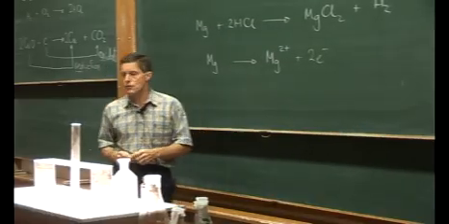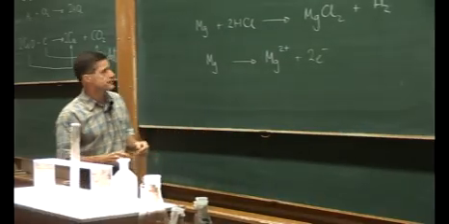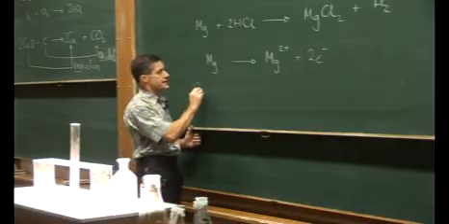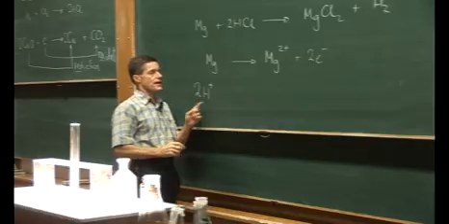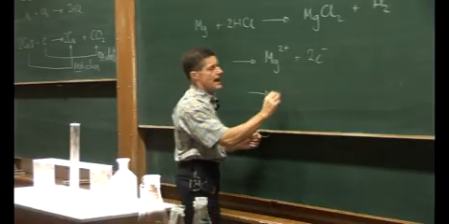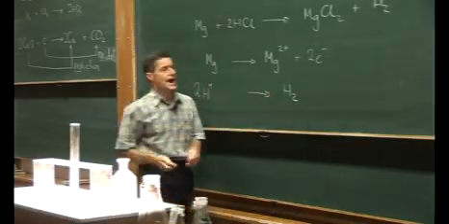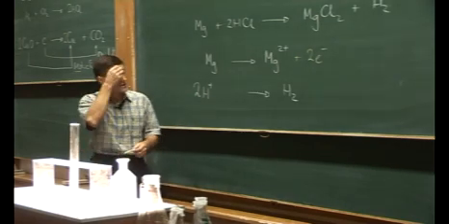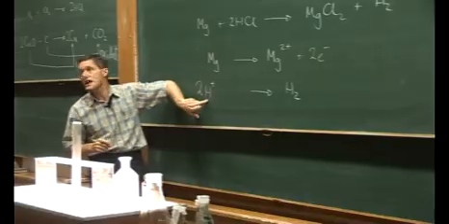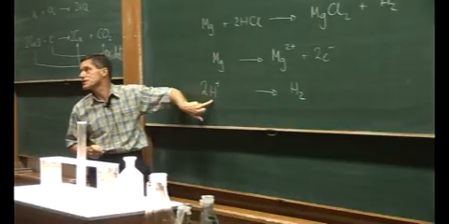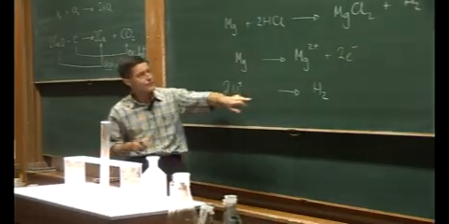Moreover, if I think about what's happening to the hydrogen, I could write the H plus ending up as hydrogen gas. And if I think about what's happening here, H plus has no electrons associated with it at all.